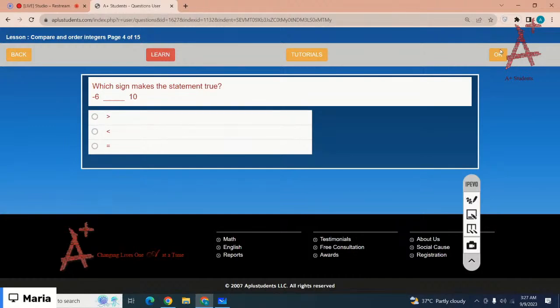Negative 6 and 10 you have to compare. So which is the correct option? Negative numbers are always less than positive numbers. So negative 6 is less than 10, right? The correct option is less than.